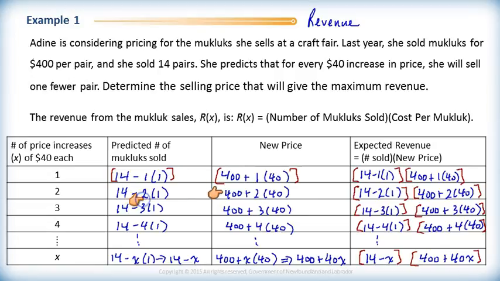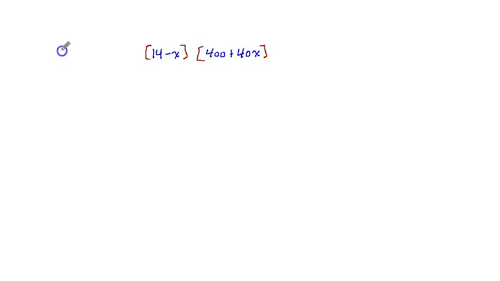I multiply the expression in column 2 by the expression in column 3. That gives me an expression for the expected revenue until I get down to the expression that involves X, and I'll bring that over to a new slide. Therefore, my revenue, R of X, is equal to 14 minus X times 400 plus 40X.